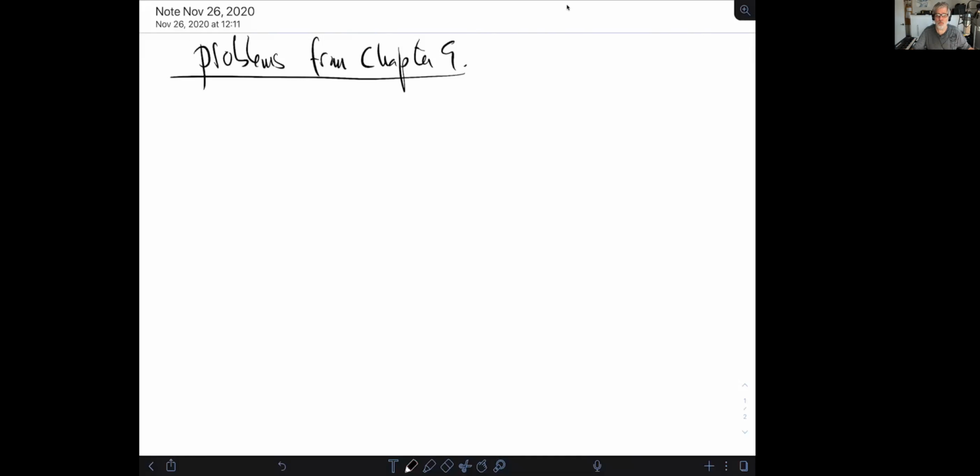Okay, so let's start with a few really basic ones. Here I'm on page 232 of the book. Number 20, I'll go over that quickly. We have vectors u is (2, -1, 0, -3).